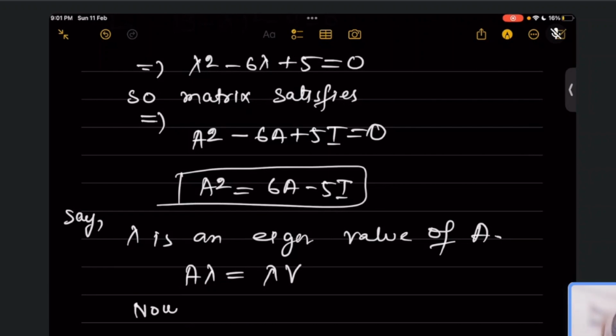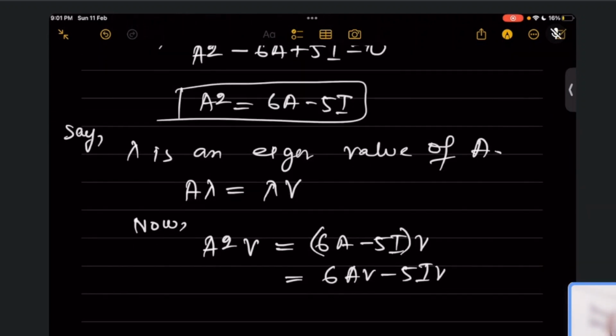Now for A square into V, we are checking whether it comes out the same or not. It is going to be (6A minus 5I) into V, which is 6AV minus 5IV.